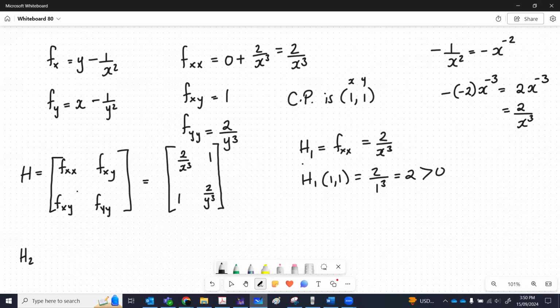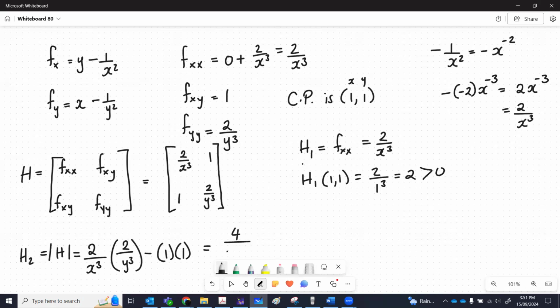It's greater than 0. Then our H2, which is the determinant of the Hessian matrix. We know how to find the determinant of a 2 by 2 matrix: the product on the major diagonal. So we have 2 over x cubed multiplied by 2 over y cubed, and then we subtract 1 times 1, and this gives us 4 over x cubed y cubed, minus 1.